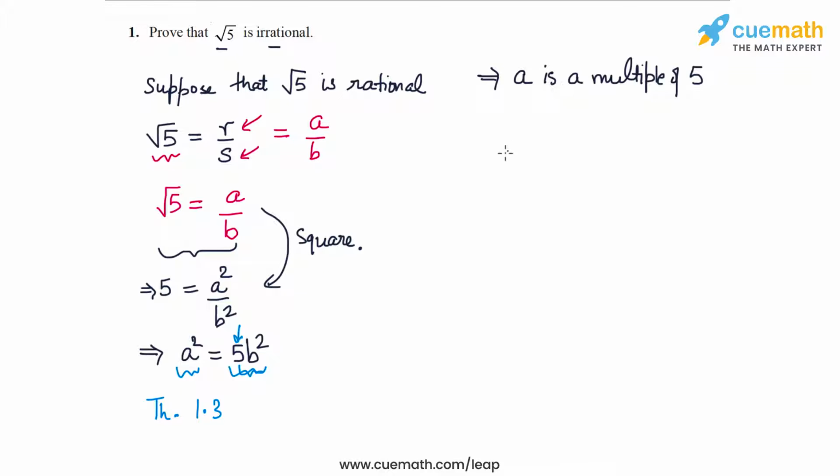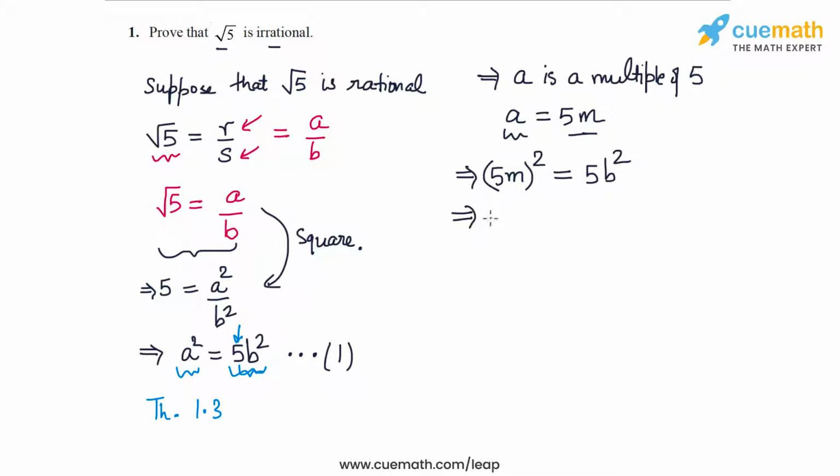Now because a is a multiple of 5, let's assume a as 5 times m, where m is some integer. If I substitute this value of a into the equation I have here, let's call this equation 1, a square equal to 5b square, then substituting a equal to 5m into equation 1, I will get 5m square whole square equal to 5b square.